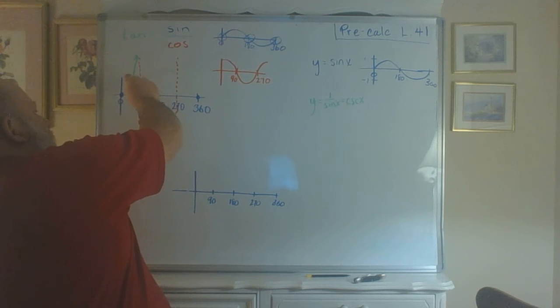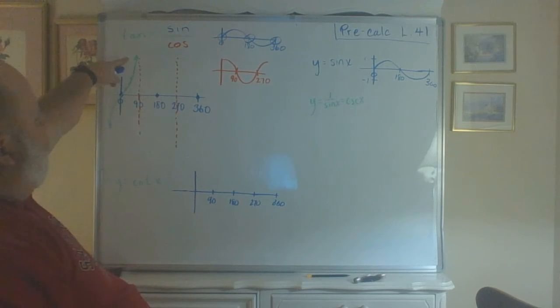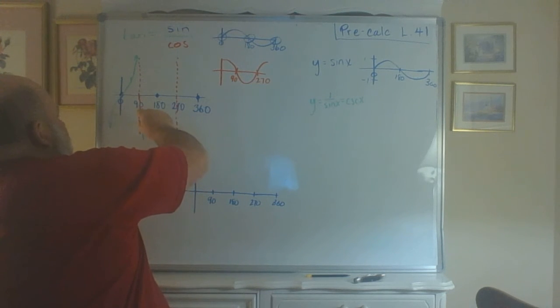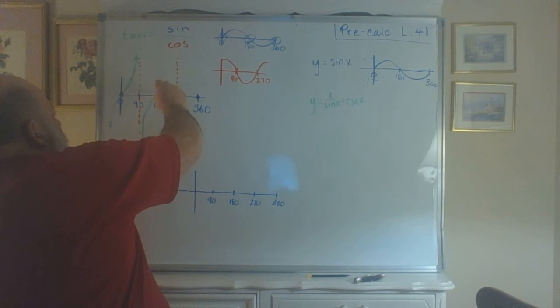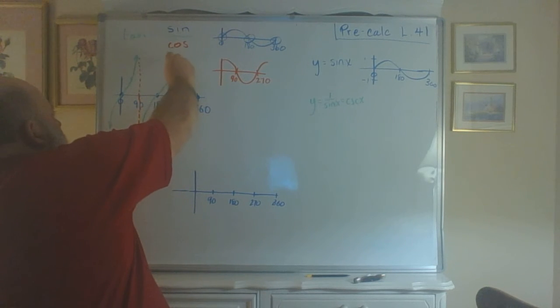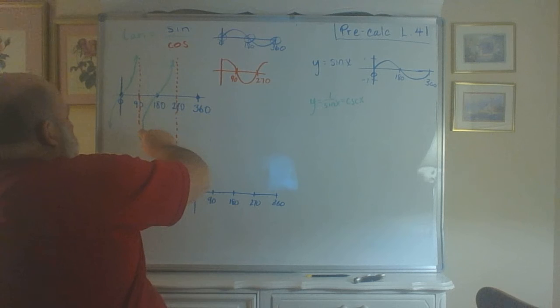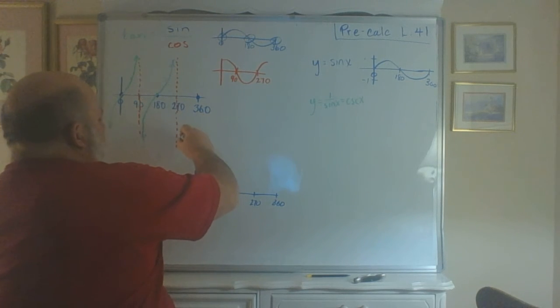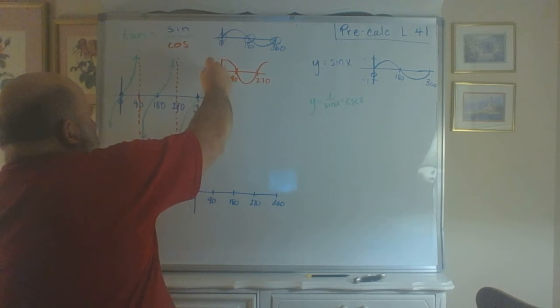Coming to the left here, as I approach 0, it must cross there and come down here. This is going up to positive infinity. So this is coming from negative infinity, must cross there at 180 and go on up along that pole. Again, going up to positive infinity, so we're coming from negative infinity and going like that.